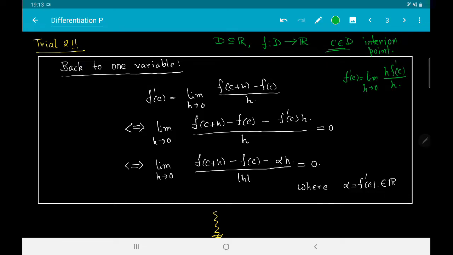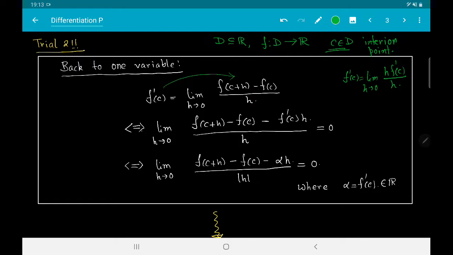This is allowed. There is no harm in writing like this. And then if I take this over to this side, this is equivalent to saying that the limit as h tends to 0 of f of c plus h minus f of c minus f prime c times h, divided by h, is equal to 0.